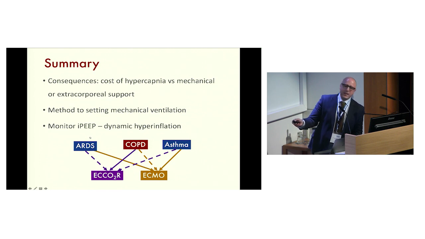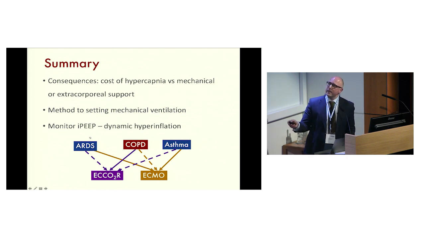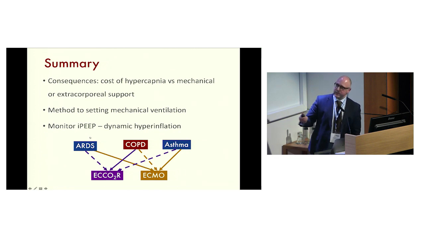So I think about the consequence of hypercapnia. You need to balance in your mind the cost of hypercapnia itself, so high CO2, versus the cost and the morbidity that is associated with the mechanical power or stress and all the extracorporeal support. Nothing comes for free, but you need to choose the least damaging option.